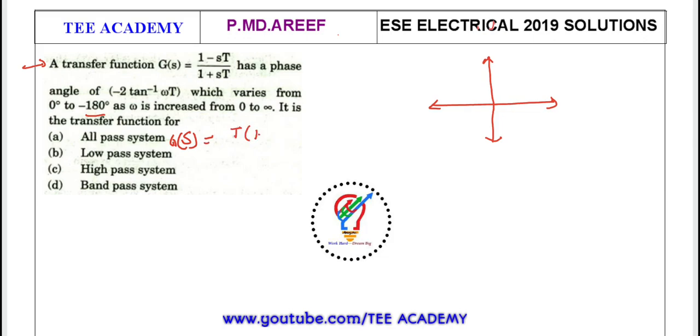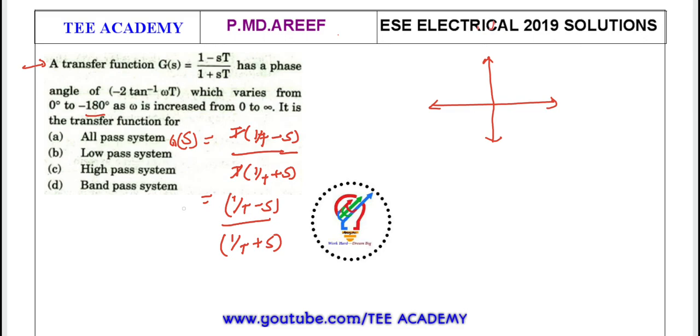T common means (1/T - s) divided by (1/T + s). Now T gets cancelled. So from this equation we write (1/T - s)/(1/T + s). So this is in standard form here.